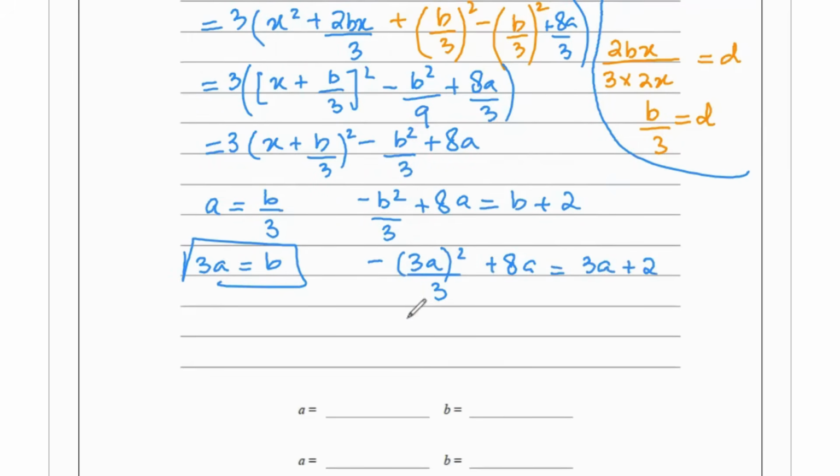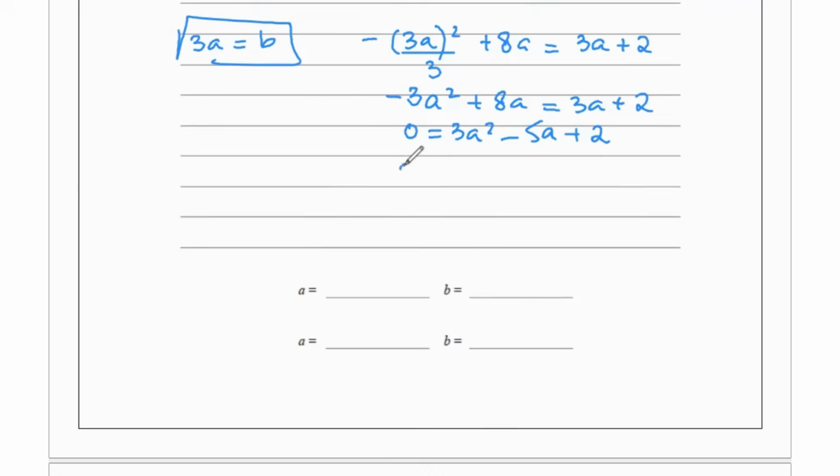Negative 9a squared divided by 3 is negative 3a squared plus 8a equals 3a plus 2. 0 equals 3a squared minus 5a plus 2. Now we solve this quadratic equation. That's going to be 0 equals 3a squared minus 3a minus 2a plus 2.